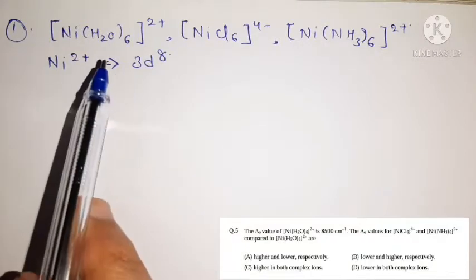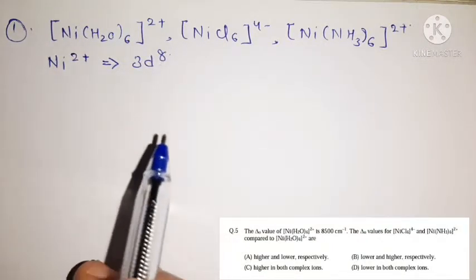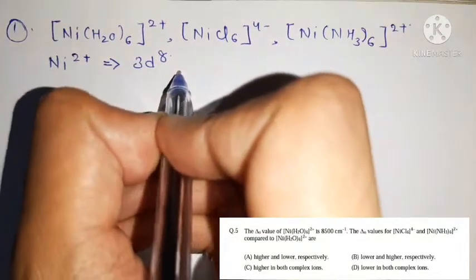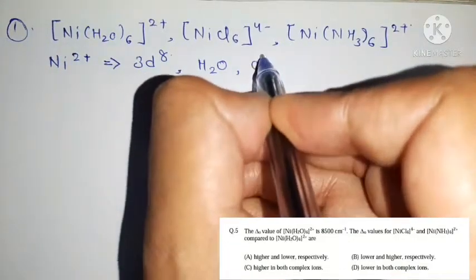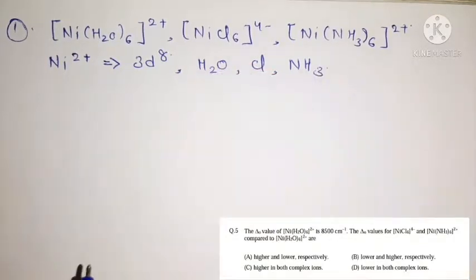And a different thing in these complexes is they all contain different ligands. Okay, so we have three ligands in this question. That is, the first ligand is H2O, then the next one is Cl, then the next one is NH3.